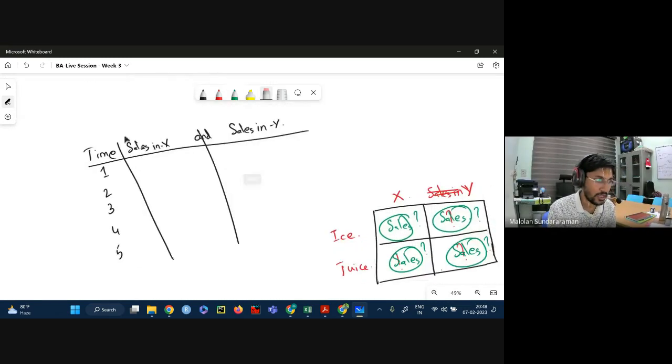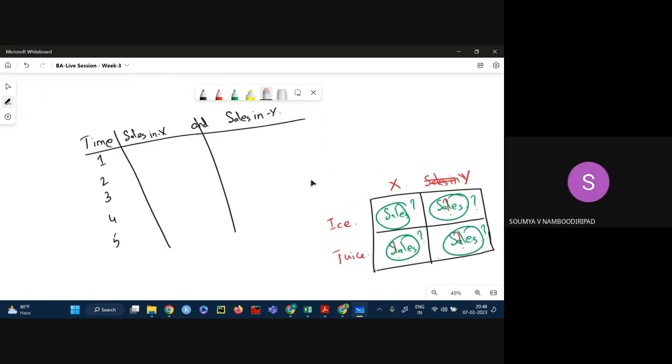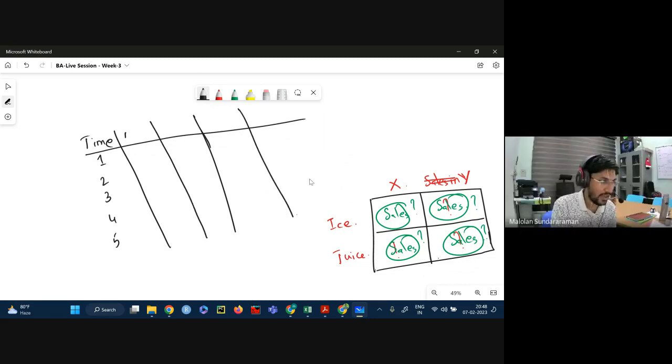So how should your data look like? That is my question. Ice cream of X, ice cream of Y, and juice of X, juice of Y, and over the different rows will be different dates or something. Exactly. So I will have X ice cream, X juice, then Y ice cream, Y juice.